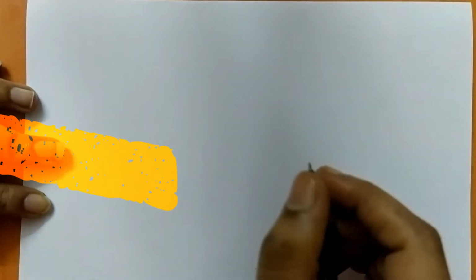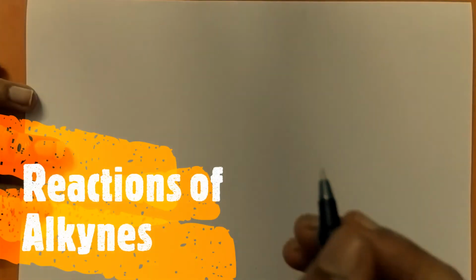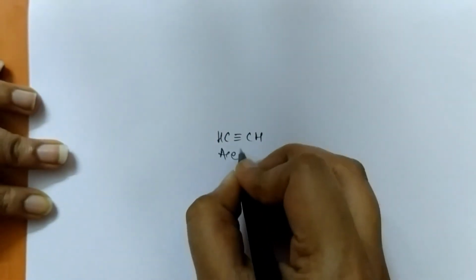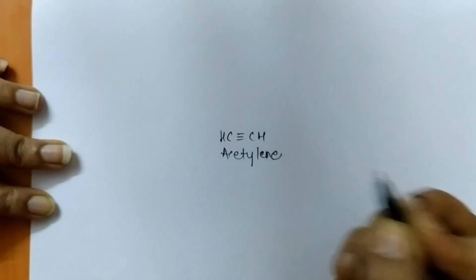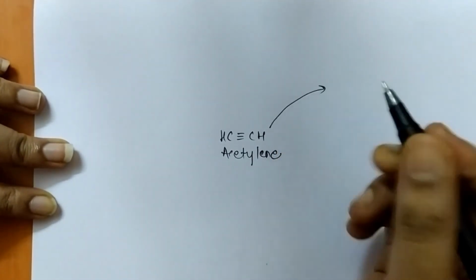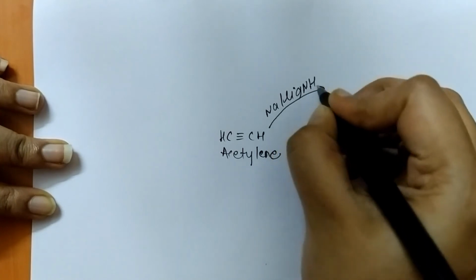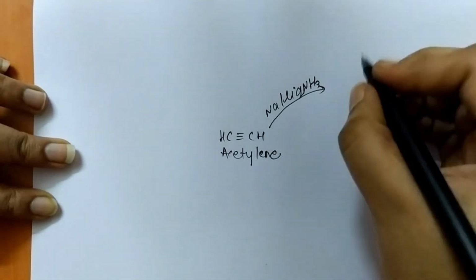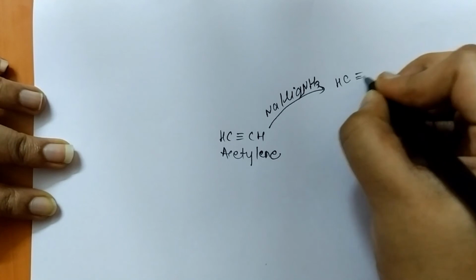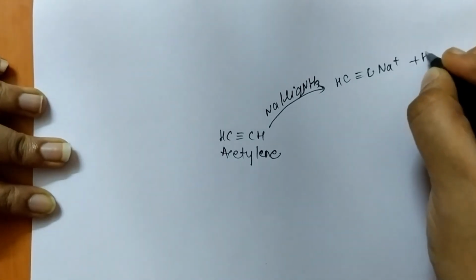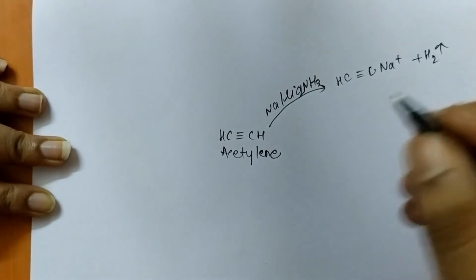Now next let us move on towards the reactions of alkynes. So now let us consider acetylene. Now if this molecule reacts with sodium in the presence of liquid ammonia, then we are going to get a salt with the release of hydrogen gas.